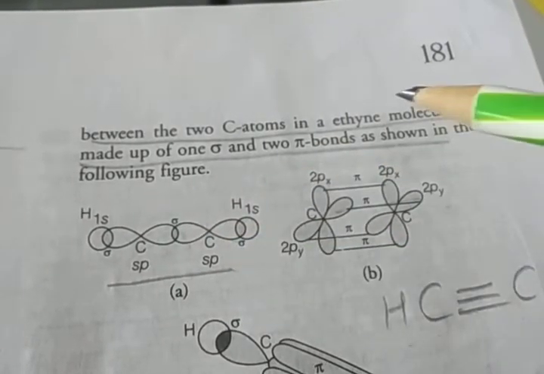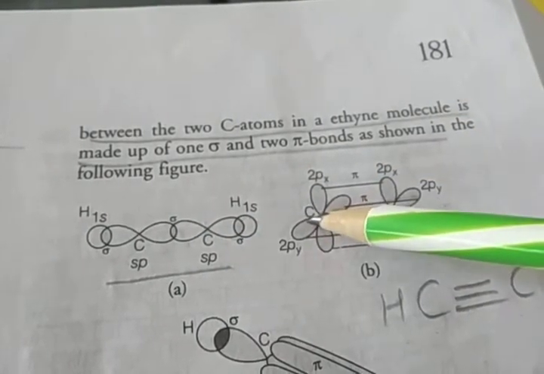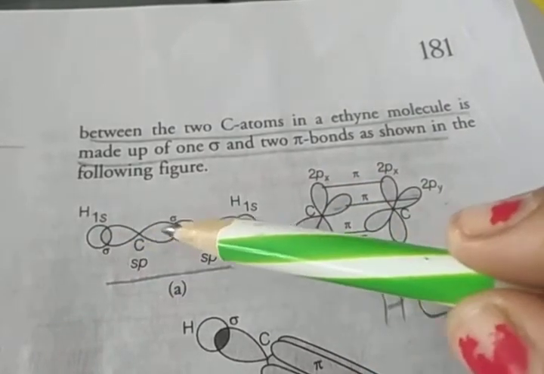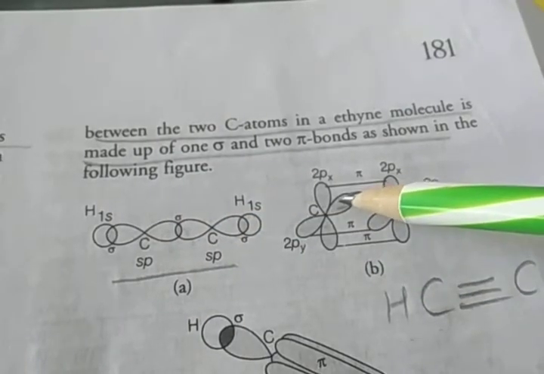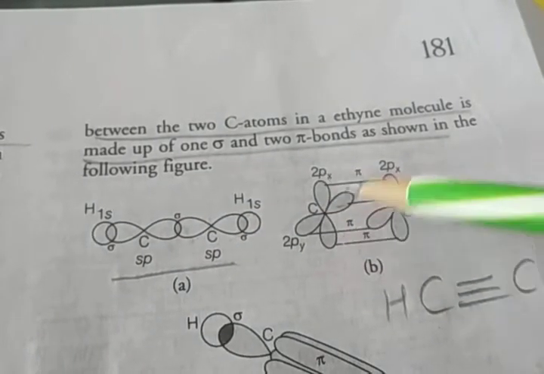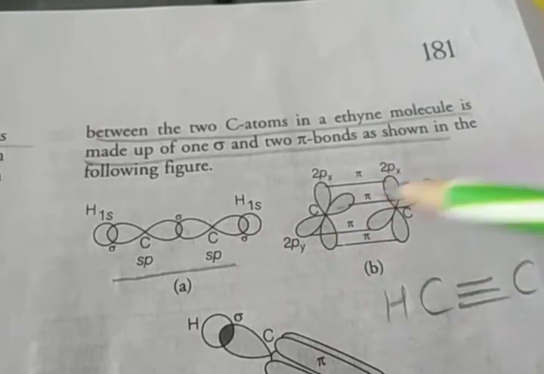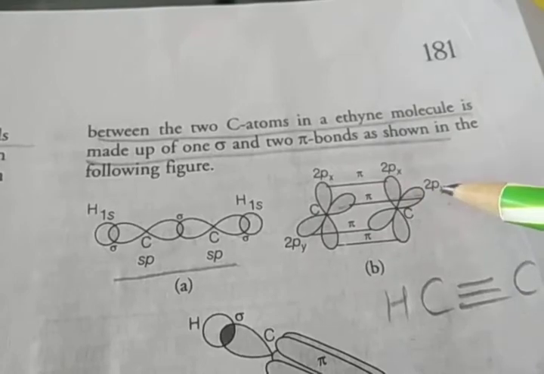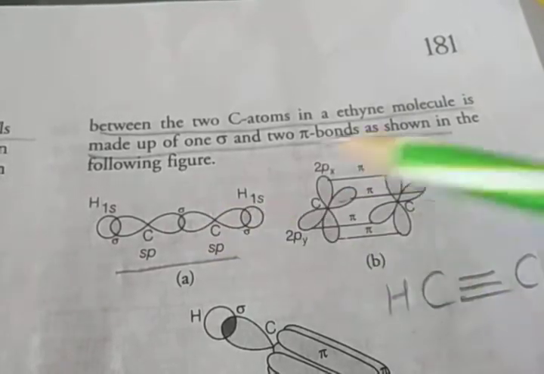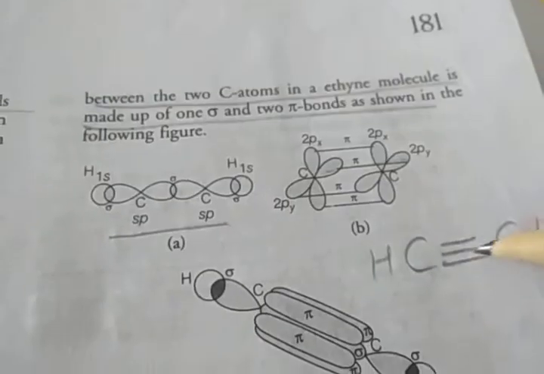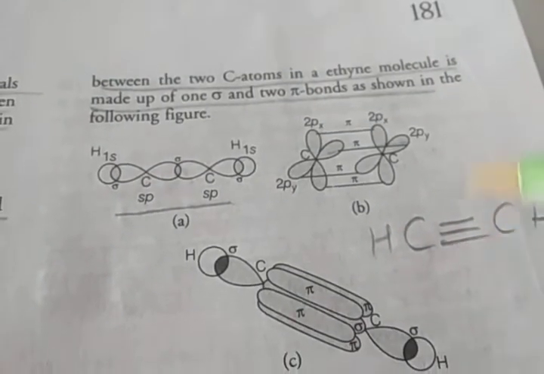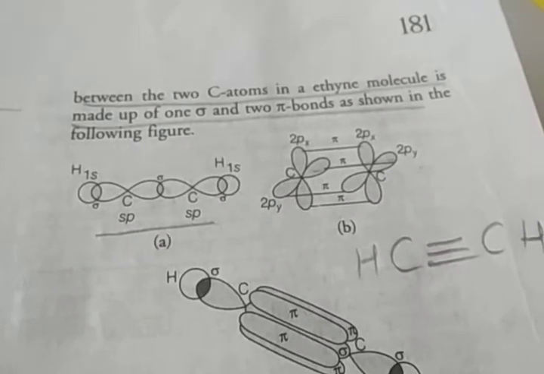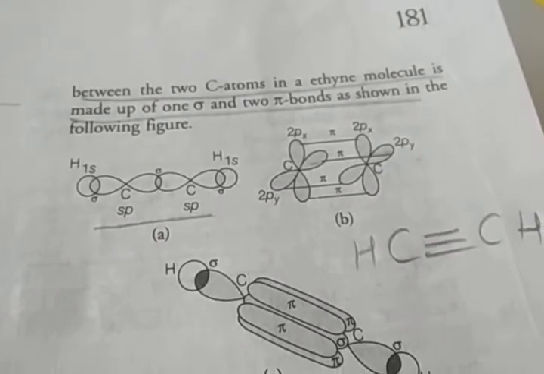The other hybridized orbital of each carbon overlaps axially with the half-filled s orbital of a hydrogen atom to form a sigma bond. The remaining two unhybridized p orbitals of both carbon atoms overlap sidewise to form 2 pi bonds, 2px and 2py. So one sigma bond and 2 pi bonds, total bonds 3: 1, 2 and 3, right? Clear? So the bond between the carbon atoms in the ethyne molecule is made up of 1 sigma and 2 pi bonds. Clear?